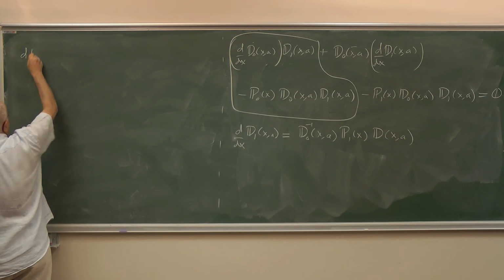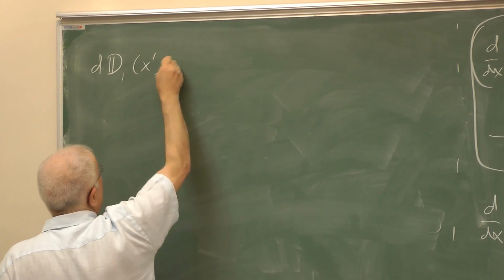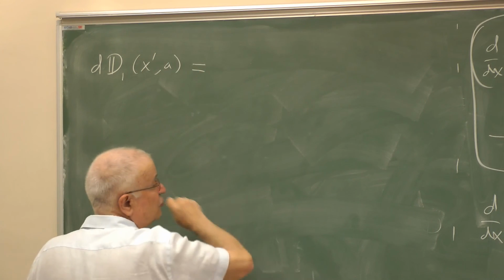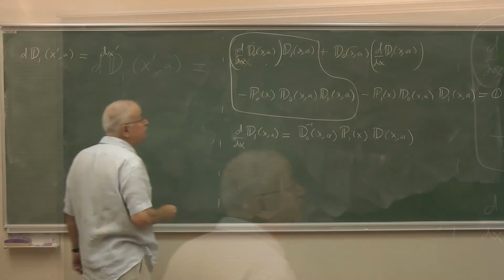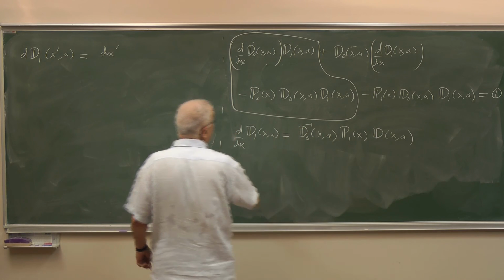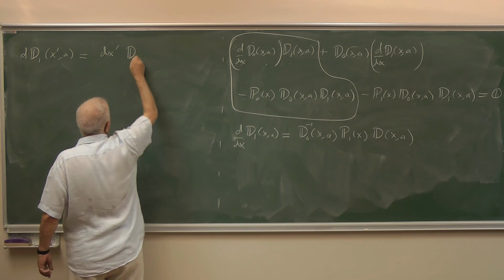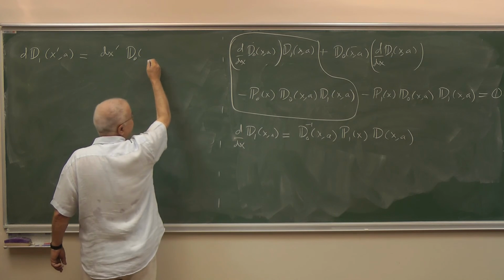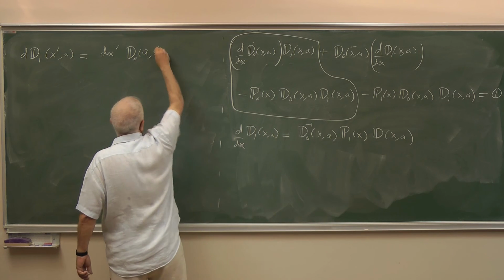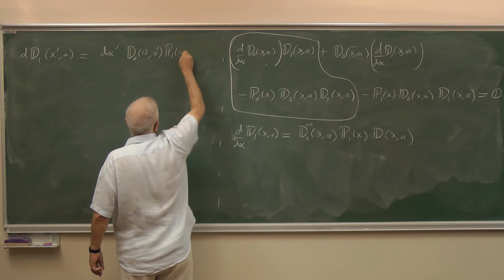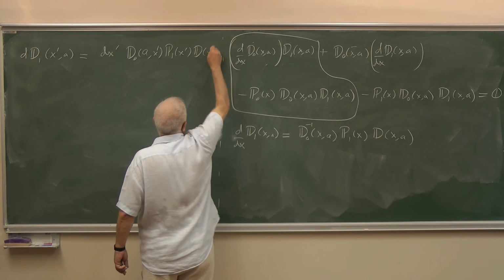Differential of d1 x prime a equals dx prime, then d0 inverse, well, that's d0 ax, then prime, p1 x prime, d of x prime a.